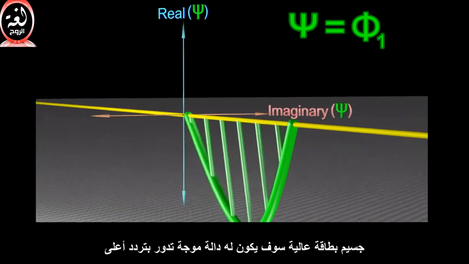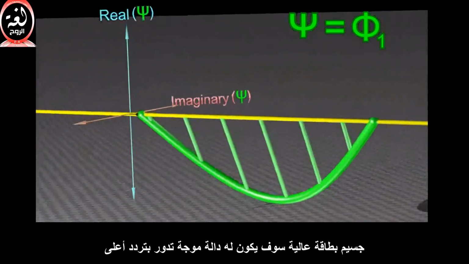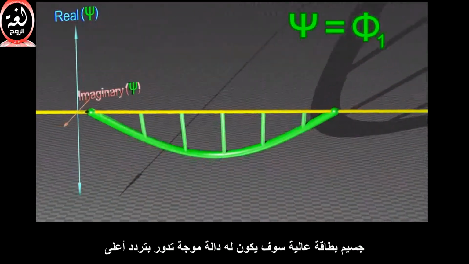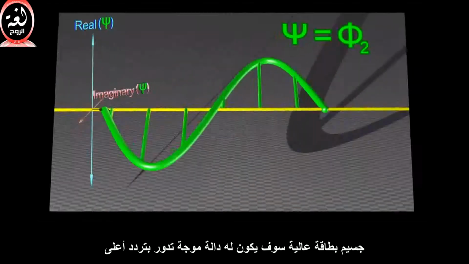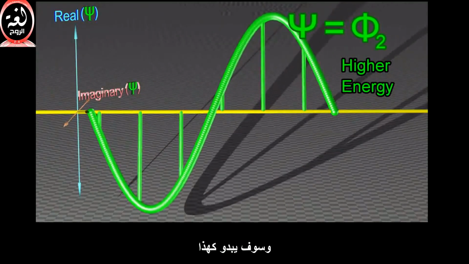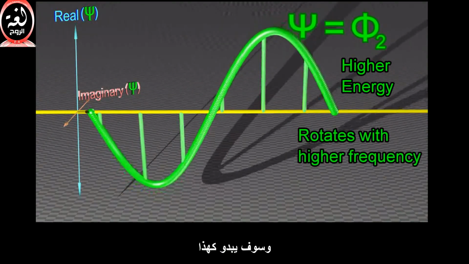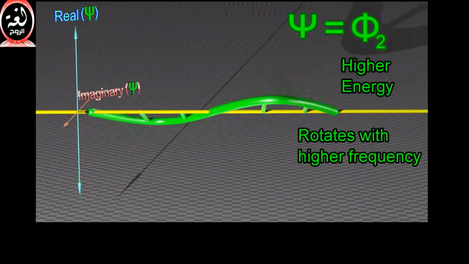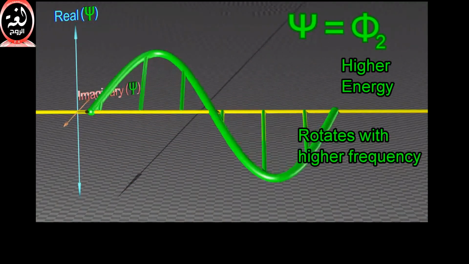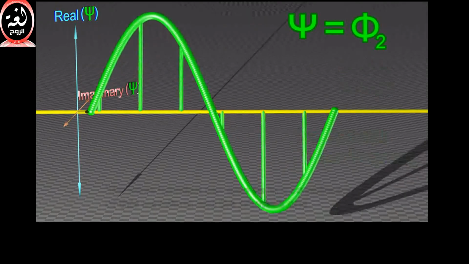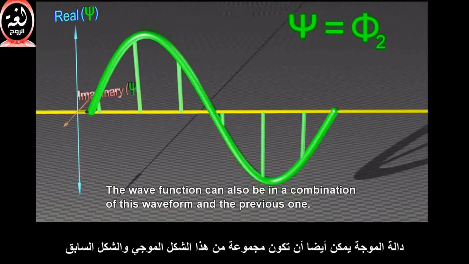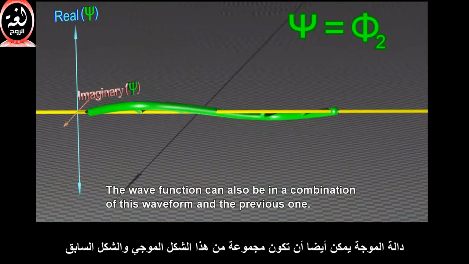A particle with a higher energy will have a wave function that rotates with a higher frequency, and it will look like this. The wave function can also be in a combination of this waveform and the previous one.